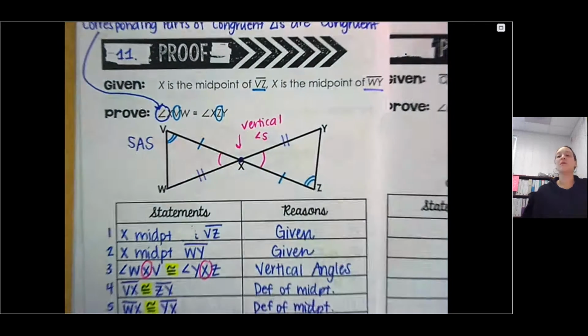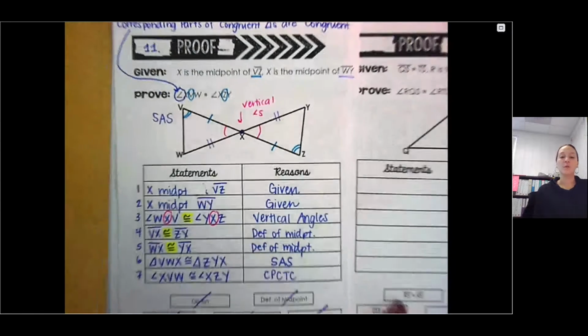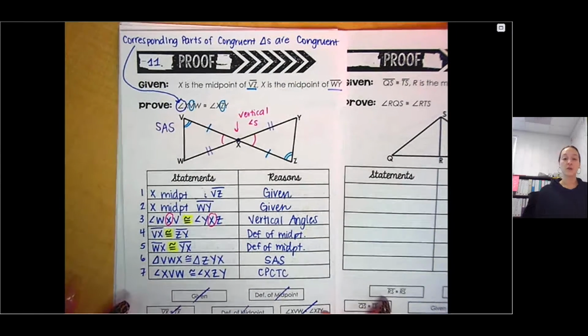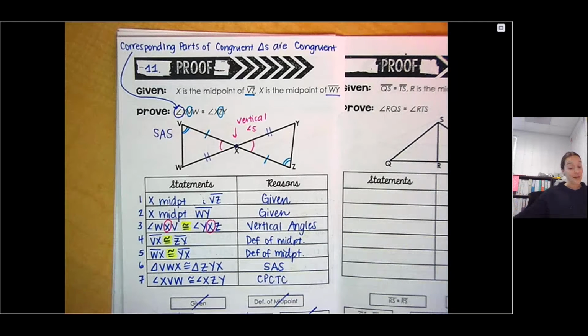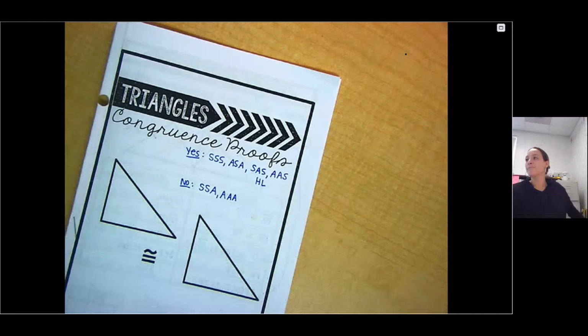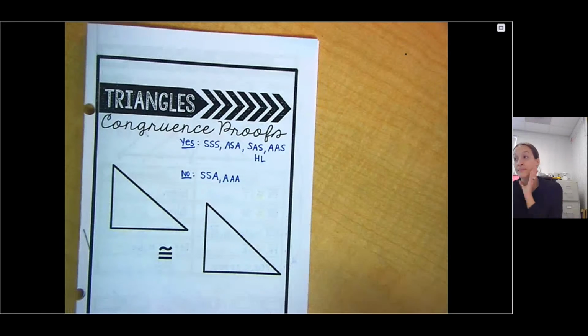So take this time now, work with the people at your table to work on the rest of the proofs that are left over. We'll check them tomorrow. You'll get a grade for them tomorrow, just like you got a grade for them today. And again, you probably want them done because maybe I'll let you use them on the quiz. Cough, cough, hint, hint. So that's what you're working on now for the next 15-ish minutes here.